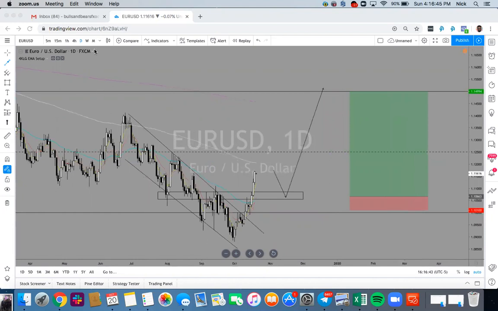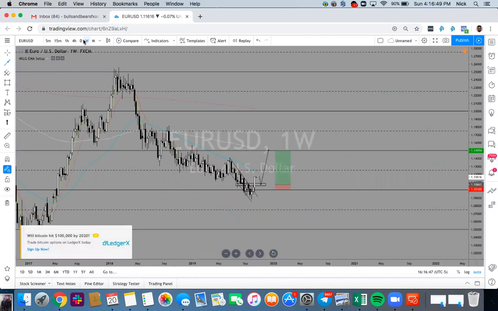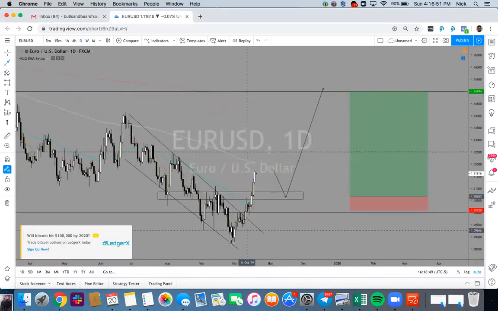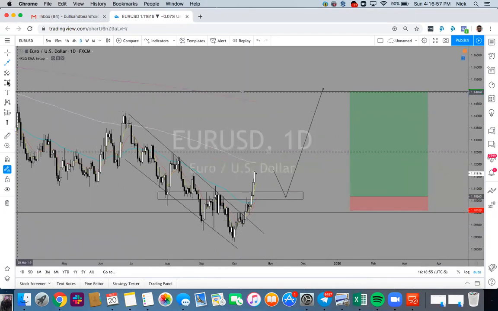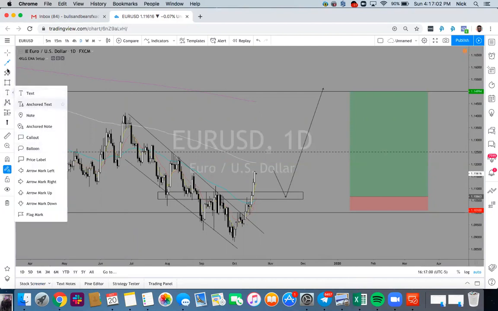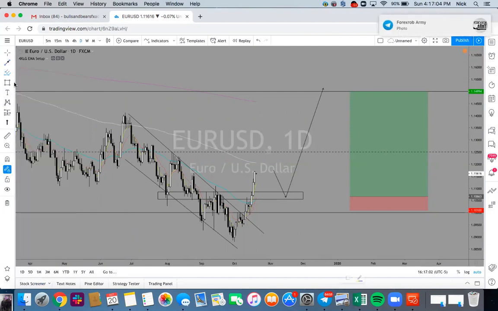But what's interesting is we got this W here, first leg, second leg. And I believe this is the move that will start the uptrend.